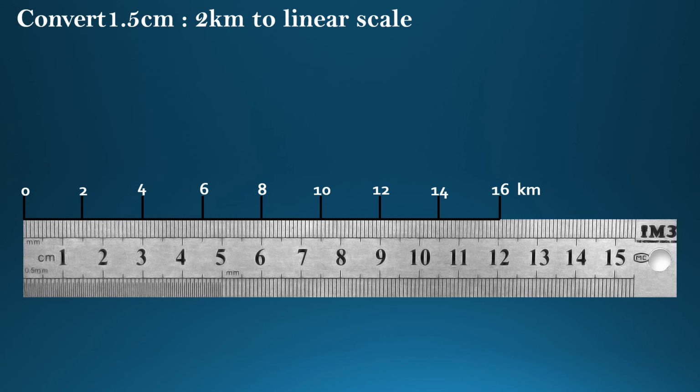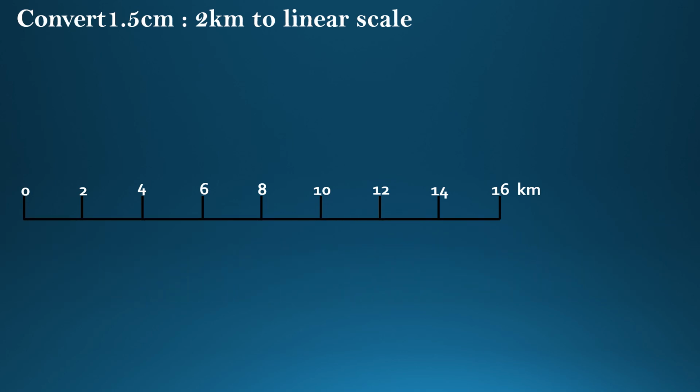So we go up by 2 kilometers each time, because remember, 1.5 centimeters is equal to 2 kilometers. So we count up by 2 kilometers each time after we mark off our 1.5 centimeters each time, right? And then that is it. There is our linear scale that basically reflects the statement 1.5 centimeters to 2 kilometers.